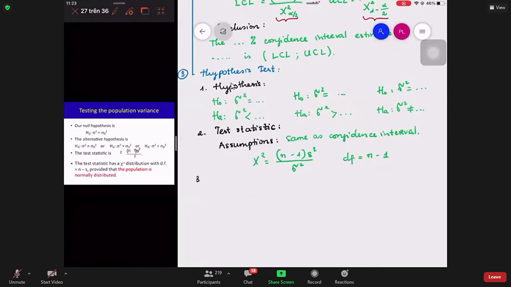Step number 3 is when you specify the level of significance. Step number 4 is what we call the decision rule. Decision rule will be different for the p-value approach.